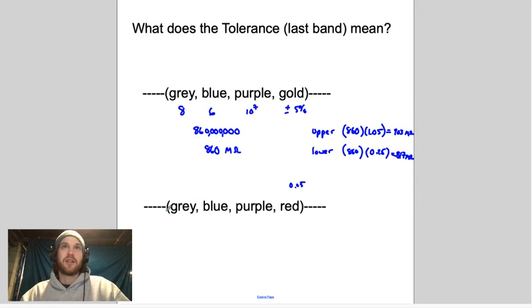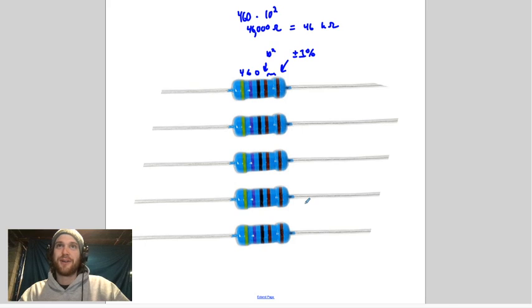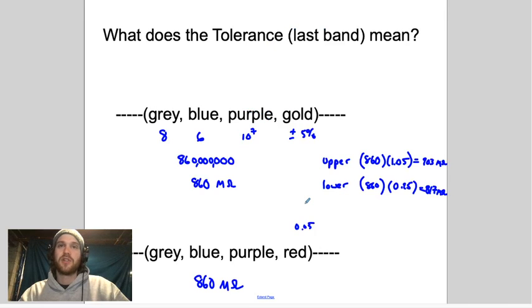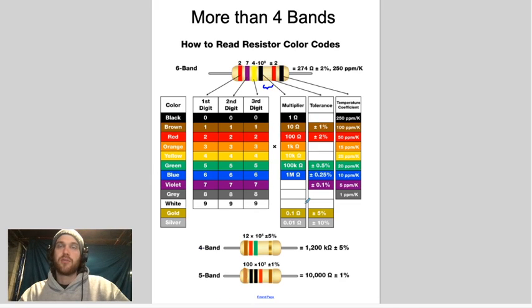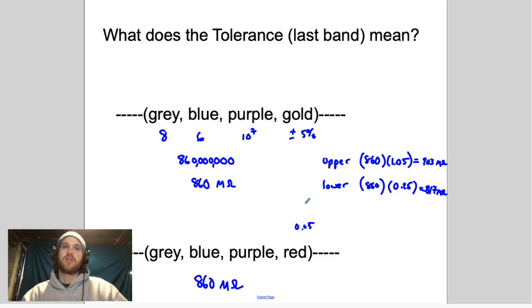For the second one, again, it's the same resistor, centered on the same 860 mega ohms, except now we have a red tolerance band, which I believe is plus or minus 2%. So let's do that.